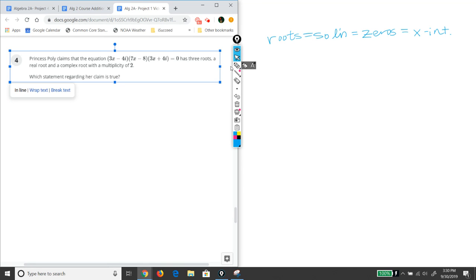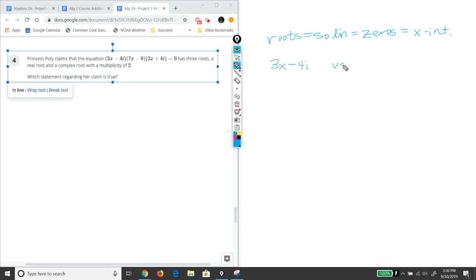Now, I'm noticing here, she probably thought that 3x, why can't I write over there? It's not letting me write at all on that. Oh, that's weird. Anyways, my apologies. She's probably thinking about that one factor of 3x minus 4i.